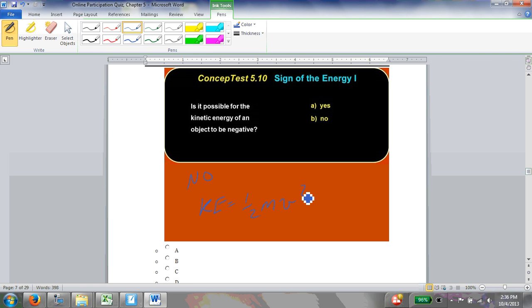That's not so for kinetic energy. There's no mathematical way for it to be negative, because notice how the velocity is squared. In fact, this is the speed, but even if it was a velocity that included a positive or negative direction, when you square it, you lose that information. So the answer is just no.